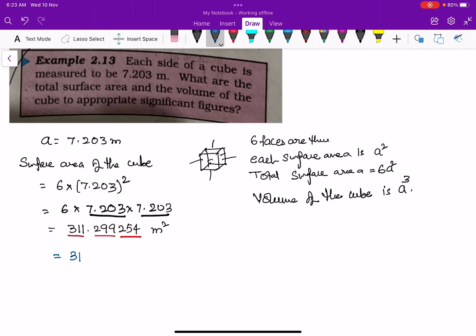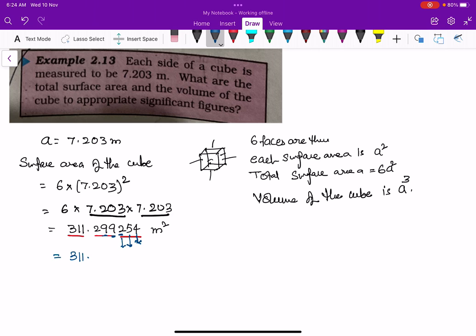So 311 point. So 5 is dropped, 4 is dropped, 2 is dropped. 9 is there, so we add 1 to the preceding digit.